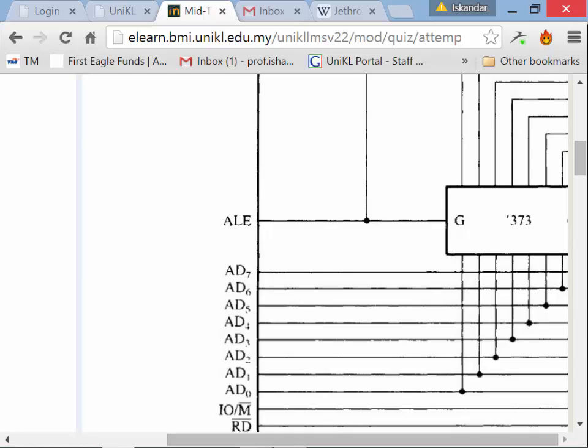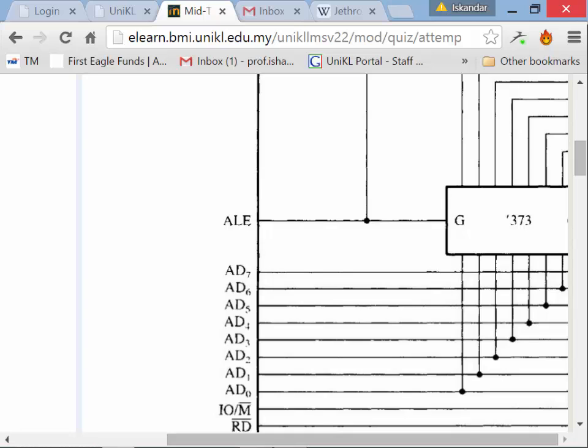That means that when the ALE goes high, that tells the 373 there's a valid address, and when the ALE goes low, the address is latched. So the role of the 373 is it holds the address on its output. The role of the ALE is to tell it when to grab the address.